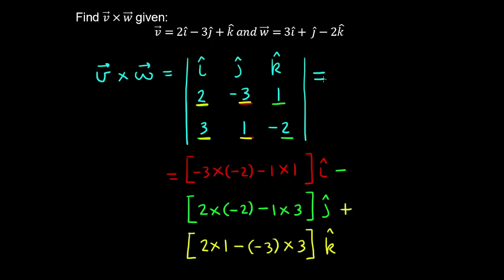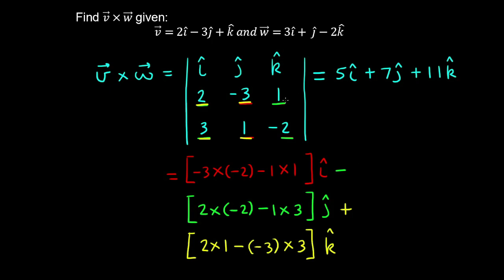So therefore, the resultant vector is equal to 6 minus 1, which is 5i. And then we have minus 4 minus 3 is negative 7, and minus negative 7 is positive 7. And we have 2 minus negative 3 by 3, which is 2 plus 9, or 11 multiplied by the unit vector k.